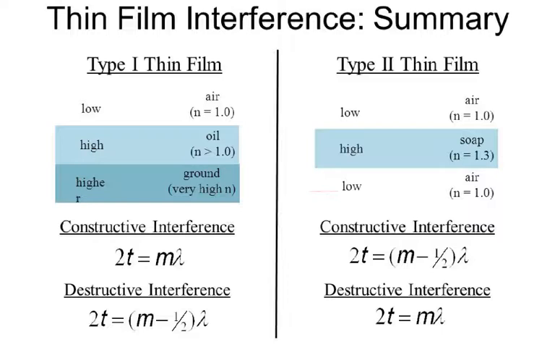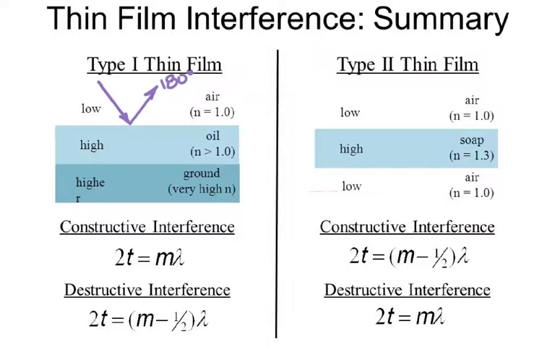I also explained that if the light comes from the lower density medium to the higher density medium, when it reflects, it's reflected with a 180 degree shift. That means if it was coming this way, then it will come back shifted 180 degrees.